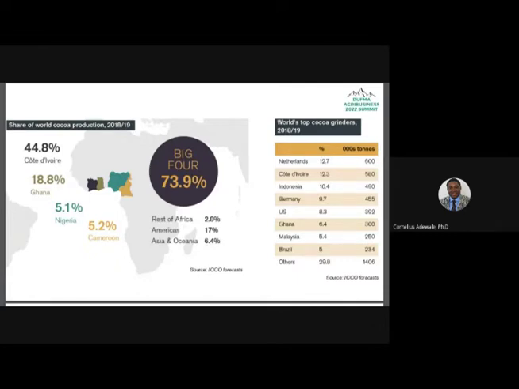Cocoa grinding, whereby you could have thousands of small scale companies that do that. But when you look at where they are, in Netherlands. Right? So these are all areas where there are small things that we can plug into and create more value across the board.